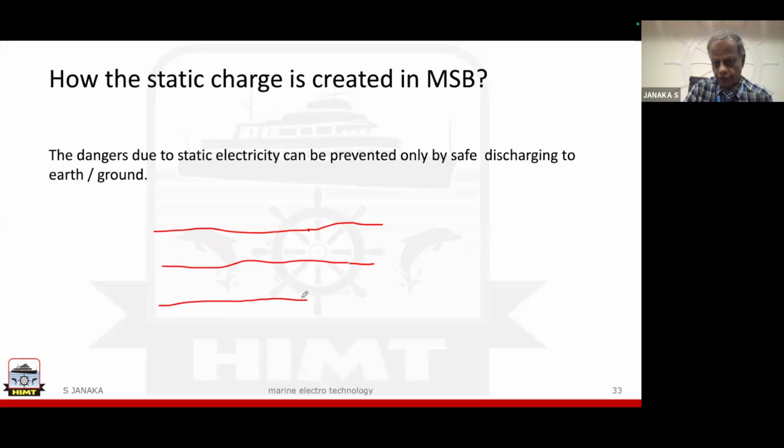Say these are the three bus bars representing R, Y, B. Remember, in the first lecture I told you that there are three basic Mula mantras which we have to follow. When current is flowing, for example, this is the MSB which is loaded, naturally it will have a current flow in the individual bus bars.